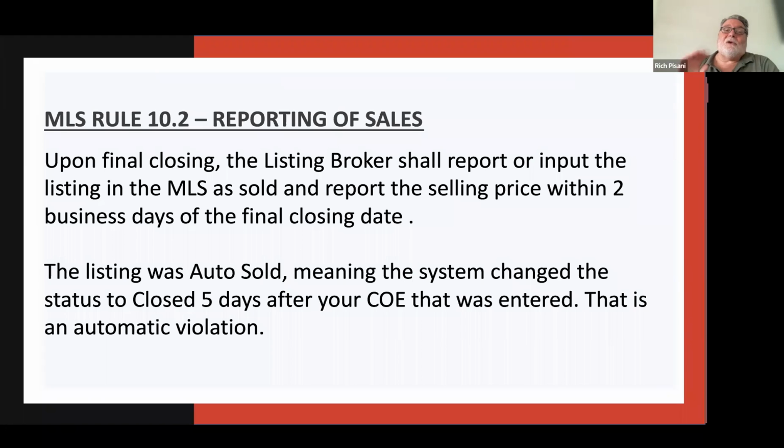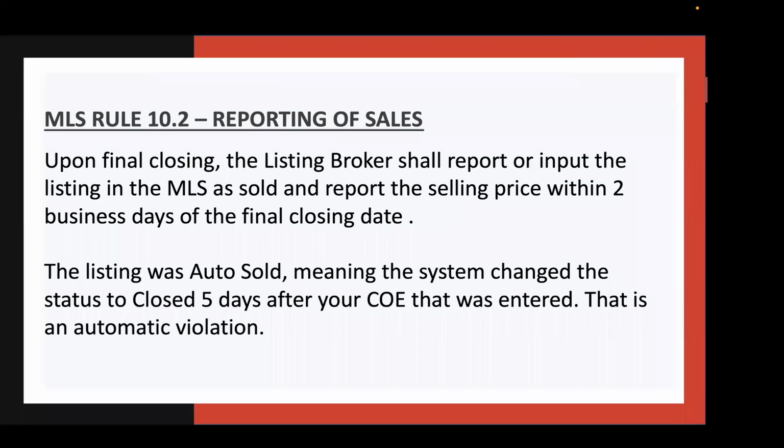You have 5 days after the close date that you thought it was in order to rectify it. You have to go in and manually change it to sold and make sure that the information is correct, the price and all of that.